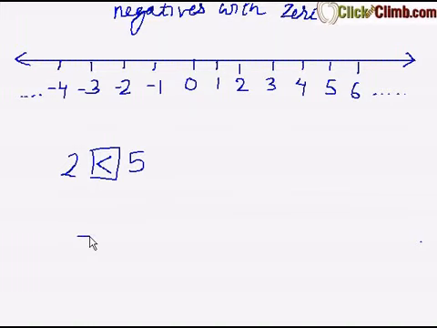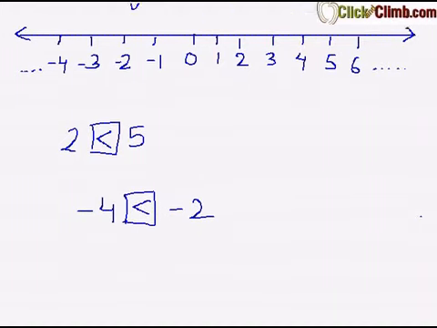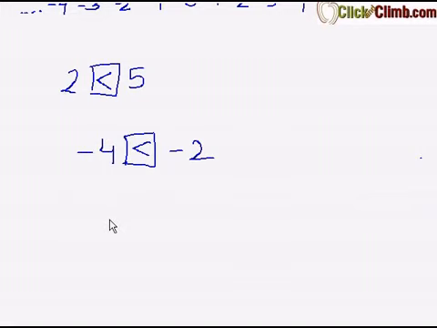For example, I try to compare -4 with -2. From the number line I can see that -2 lies towards the right of -4, or -4 lies towards the left of -2. That means the number towards the right is greater, so -2 is greater than -4. A similar rule can be applied for comparing numbers with 0.